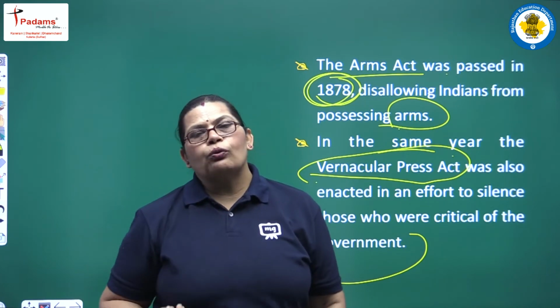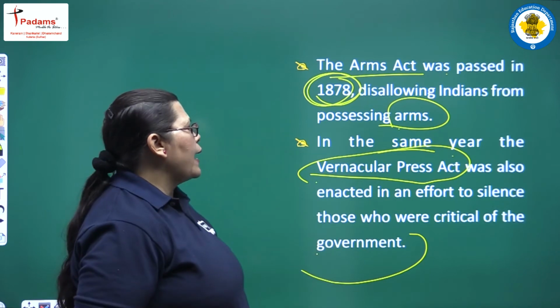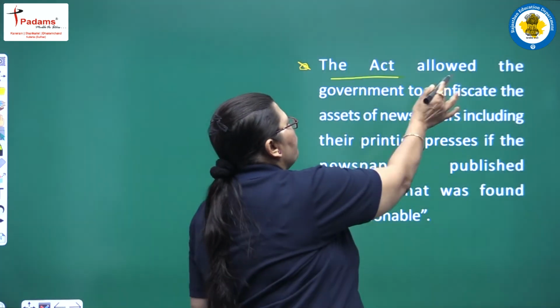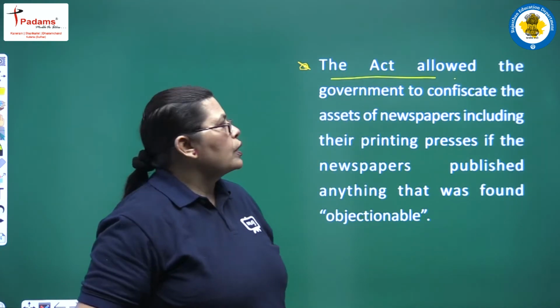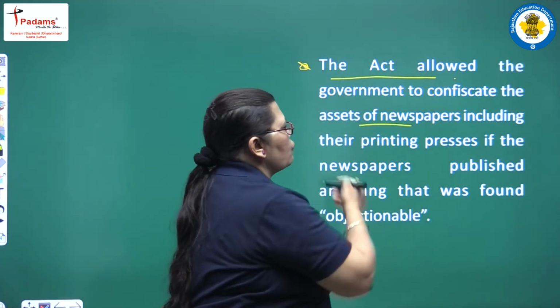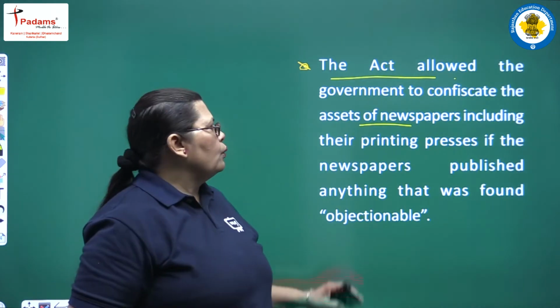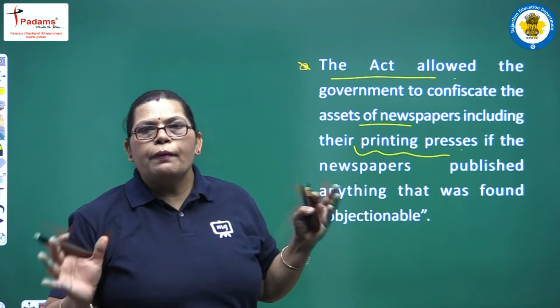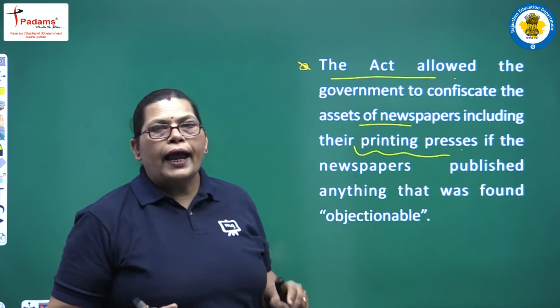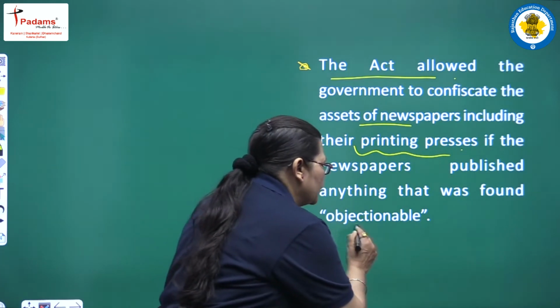So this Vernacular Act was passed. Again, the act allowed the government to confiscate the assets of the newspapers, including their printing presses, if the newspapers published anything that was found objectionable.